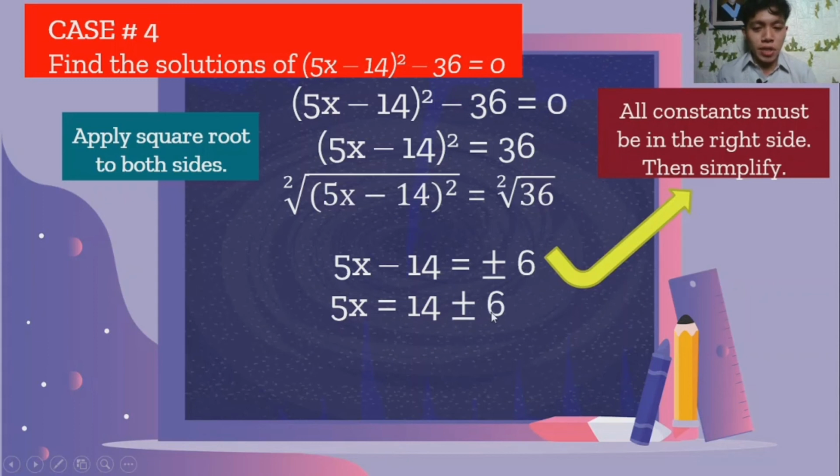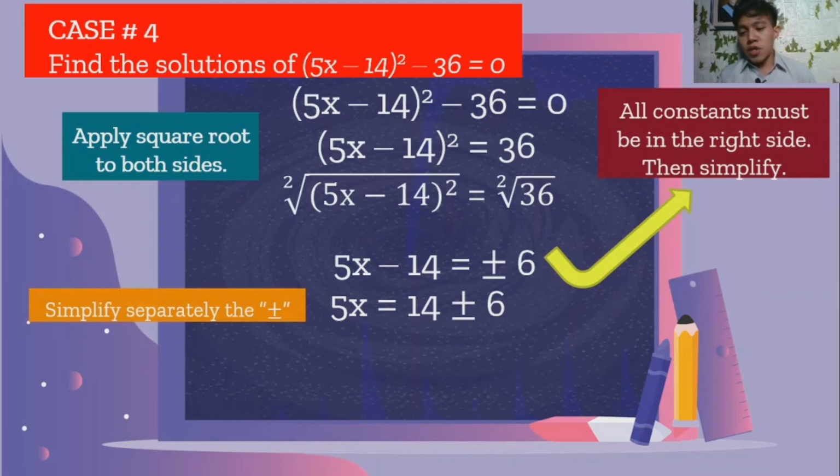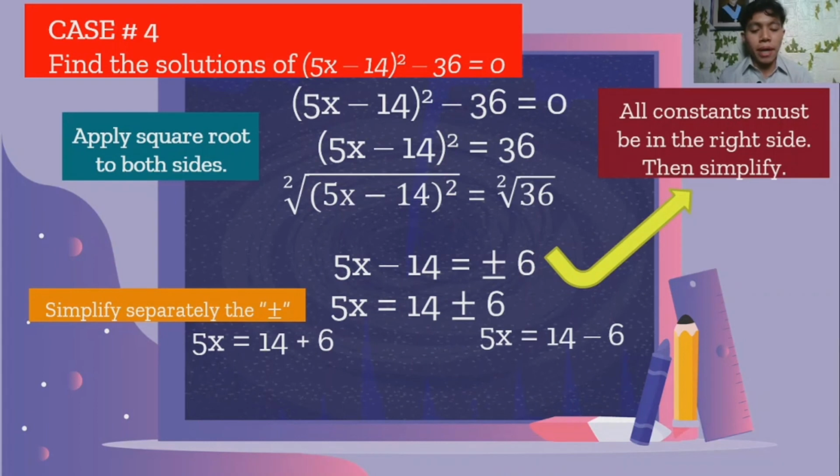Plus or minus 6. Now, i-breakdown natin, wait lang. I-breakdown muna natin yung plus at minus. Paghiwalayin natin sila. So, simplify separately the positive or the plus and the minus, no? Paghiwalayin mo lang yung plus at yung minus. So, we have 5x is equal to 14 plus 6. And then, sa kabila naman, 5x is equal to 14 minus 6.